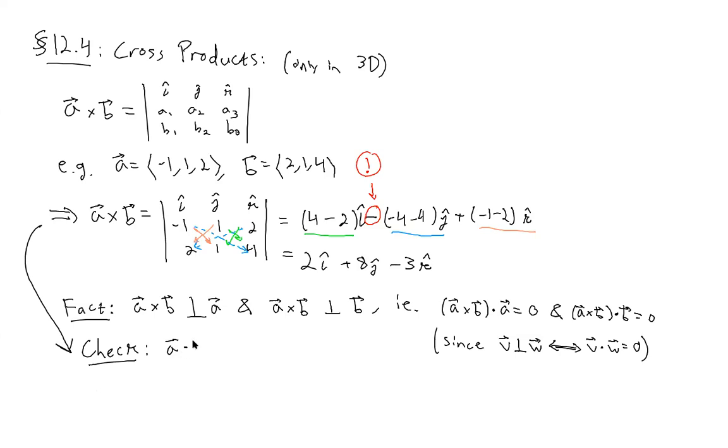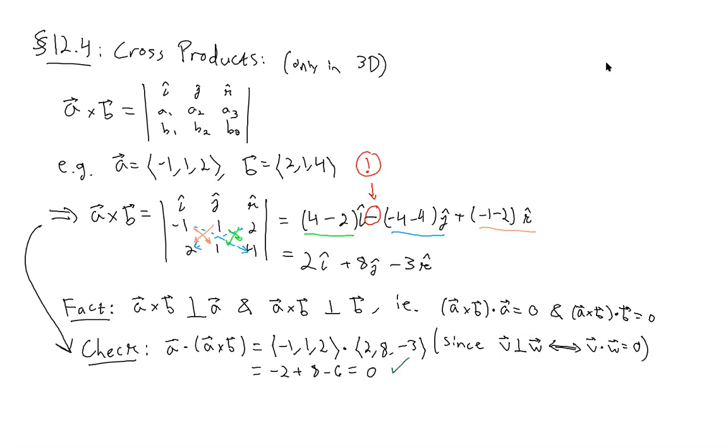So A dotted with what we think is A cross B comes out to -1, 1, 2 dotted with 2, 8, -3, which gives us -2 plus 8 minus 6, and that's 0, so that's good.